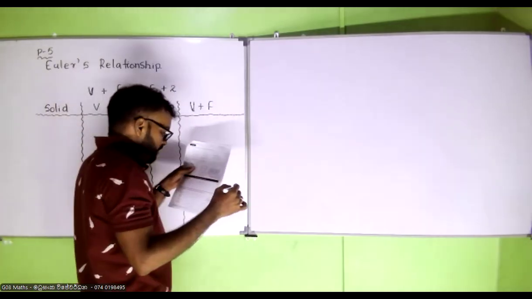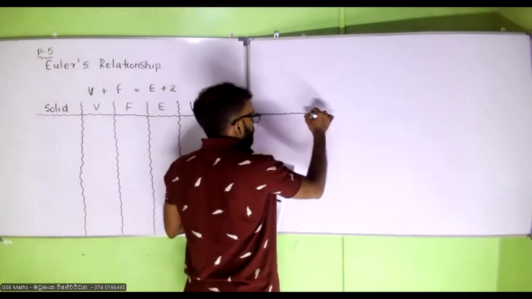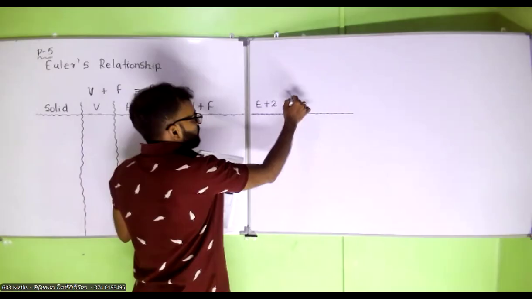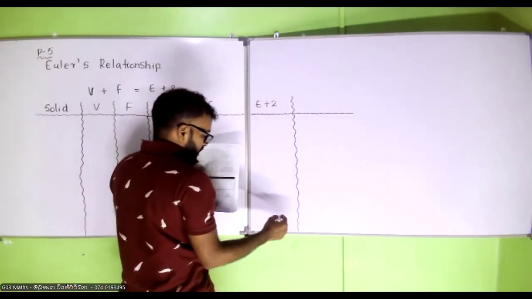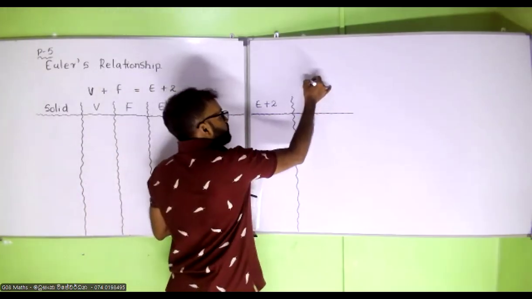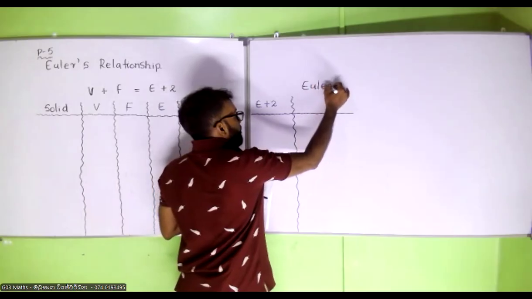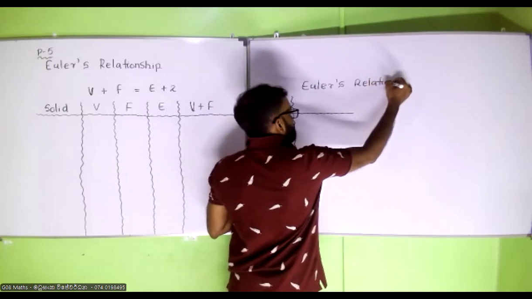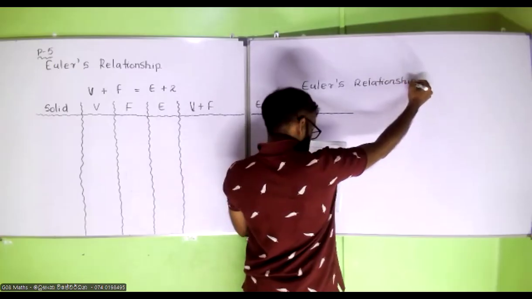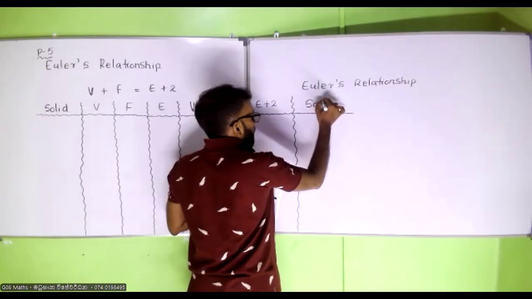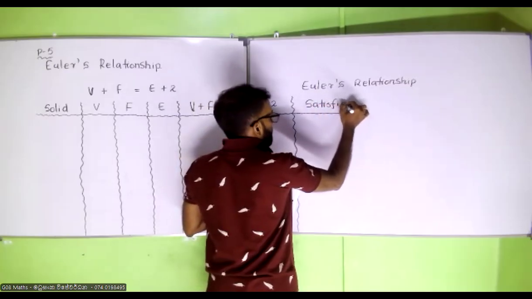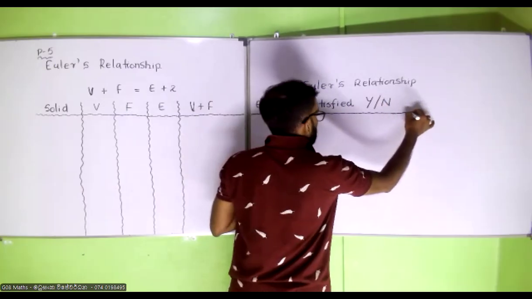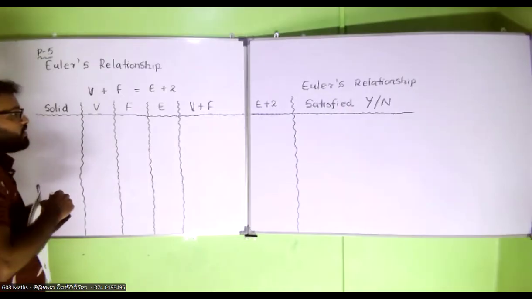In the next one, I have edges plus 2. In the last column, I have asked: Euler's relationship satisfied, yes or no? Now this is my table.